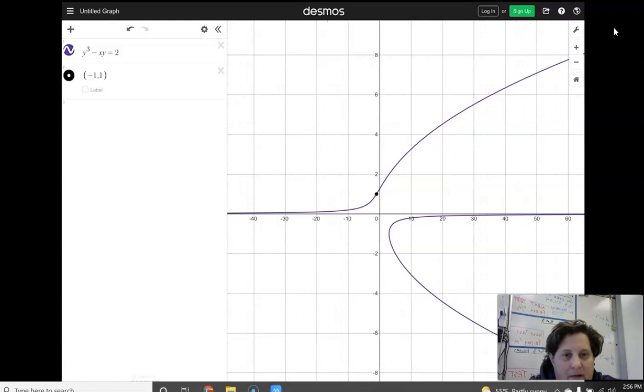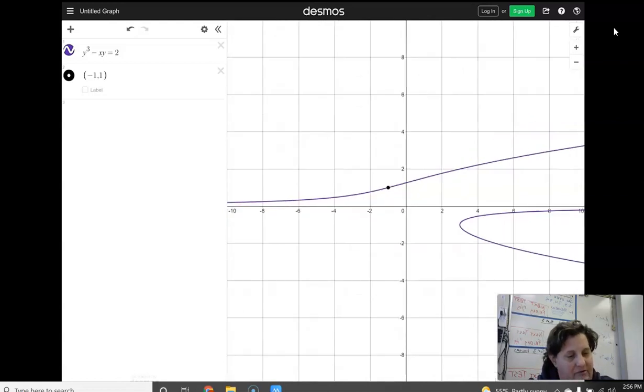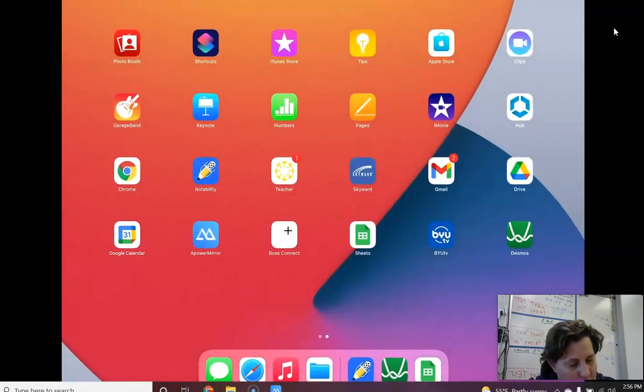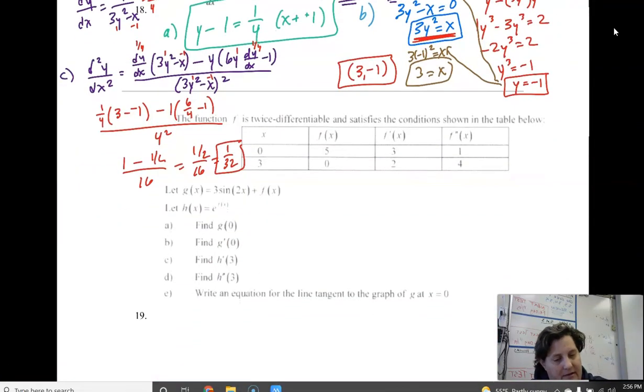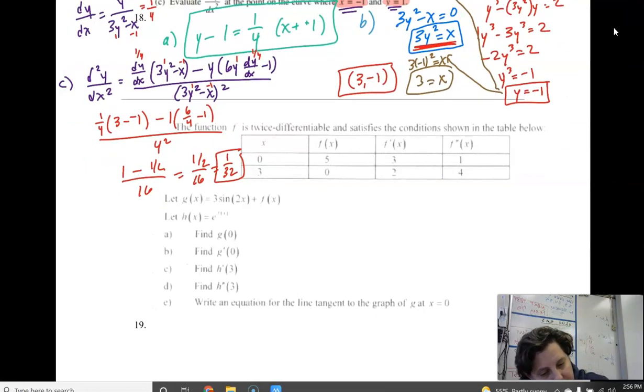And you can see, if I had this in a standard graph, it's very slight, up 1 over 32 or something. That's what my slope would be right then. Cool.